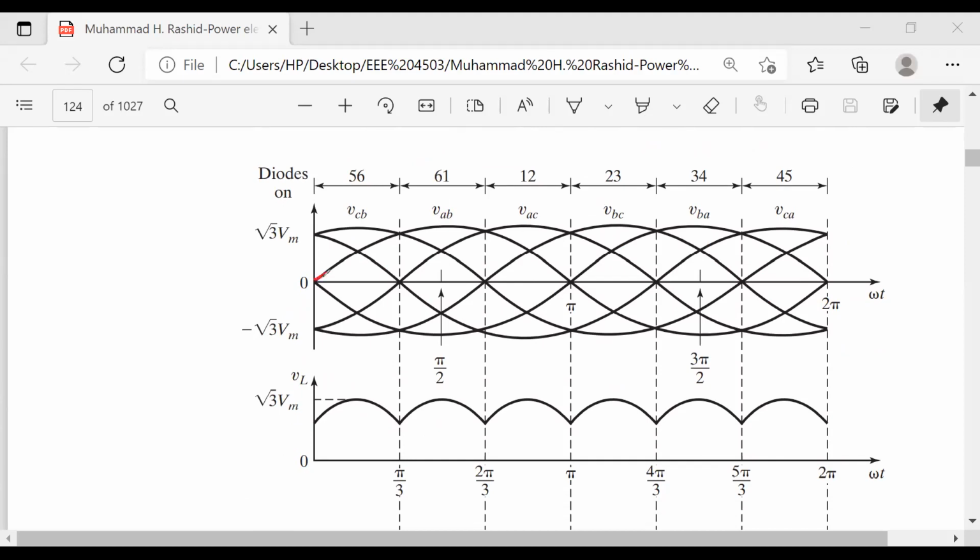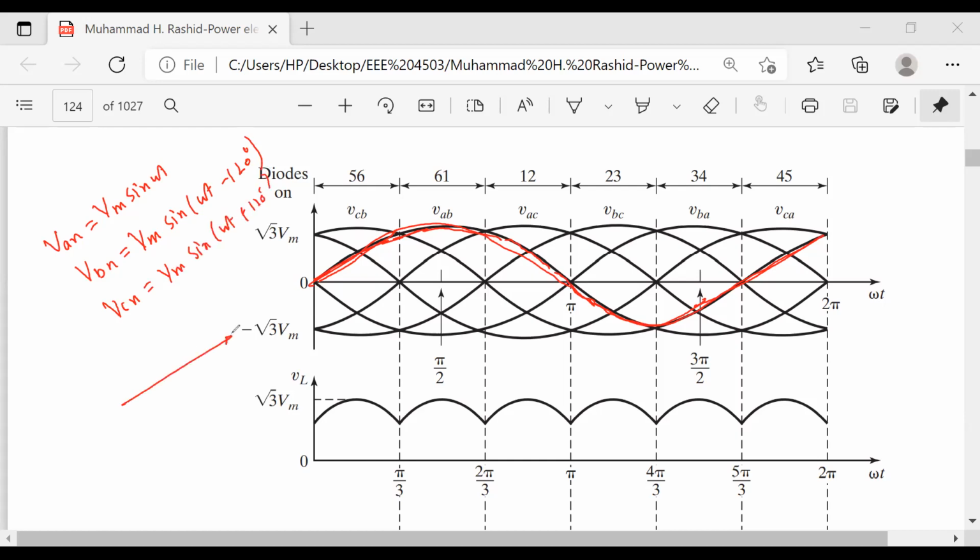So this one, suppose the red one here, I am putting here. What is this? We are talking about the three phase, okay? So VAN equals VM sine of omega t, VBN equals VM sine of omega t minus 120 degrees, and VCN equals VM sine of omega t plus 120 degrees, right?